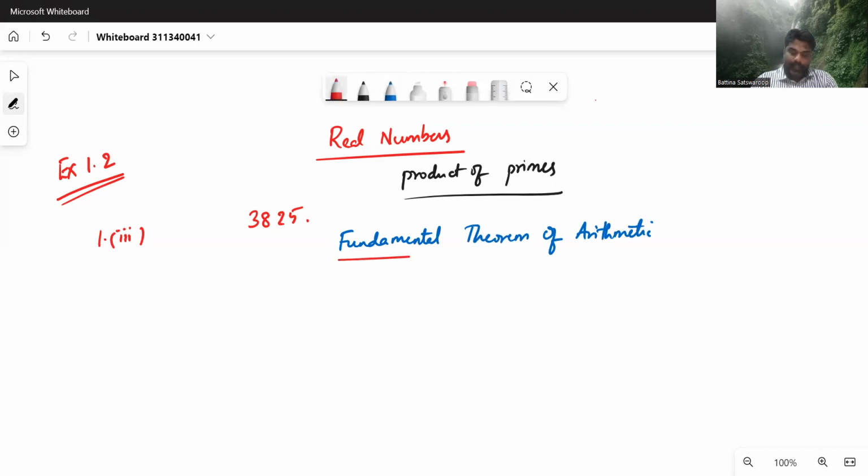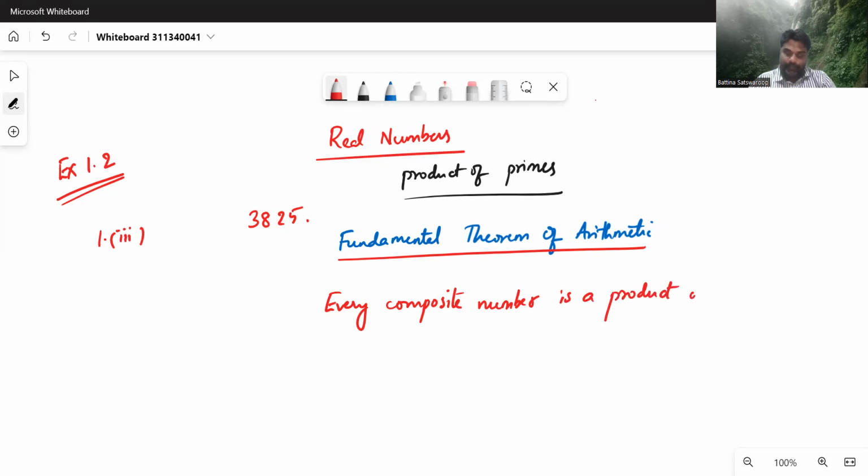So what does this fundamental theorem of arithmetic tell? It tells that every composite number is a product of primes, and whose factorization is unique.